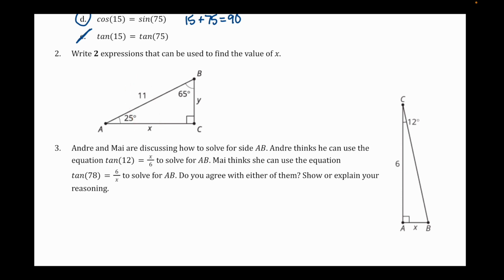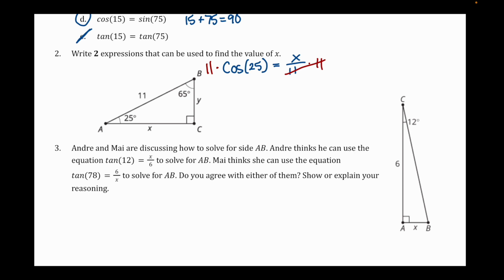So let's write this one out, and I'll start with the 25-degree angle. From the 25, x is the adjacent and 11 is the hypotenuse. Adjacent and hypotenuse means I should be using cosine. So the cosine of 25 degrees is going to equal adjacent over hypotenuse, so x over 11, which means if I multiply both sides by 11, the denominator there will cancel.